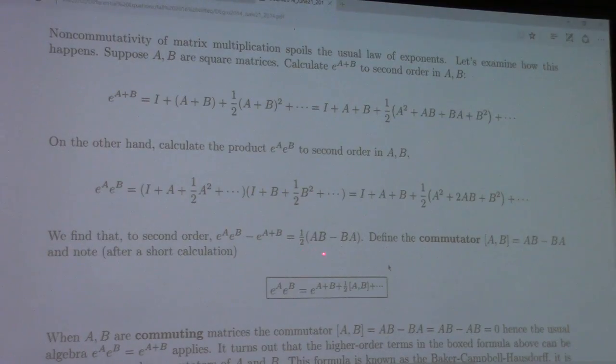In other words, wait a minute. Oh, I'm subtracting the top one from the bottom one, so it's the other way around. I get 1/2 of 2AB minus that, which is 1/2 (AB minus BA). This thing is important. It's called the commutator of A and B. It has fundamental importance to quantum mechanics. All right, so maybe you guys will study quantum mechanics when you take our course in quantum mechanics here.